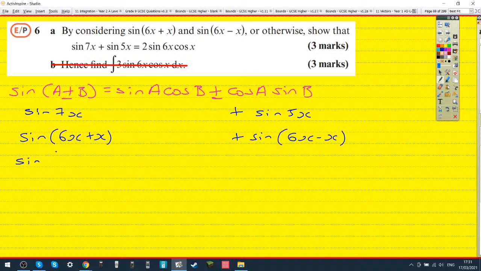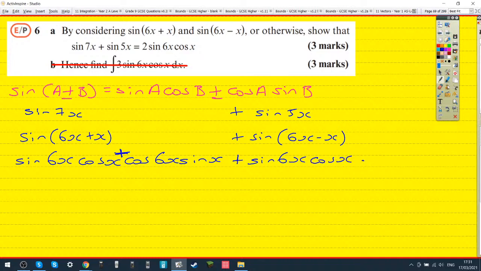So that was the same as sine 6x cos x plus cos 6x sine x. Wait, am I missing a plus in there? Yep, there should be a plus there. Plus sine 6x cos x minus cos 6x sine x. Yep.